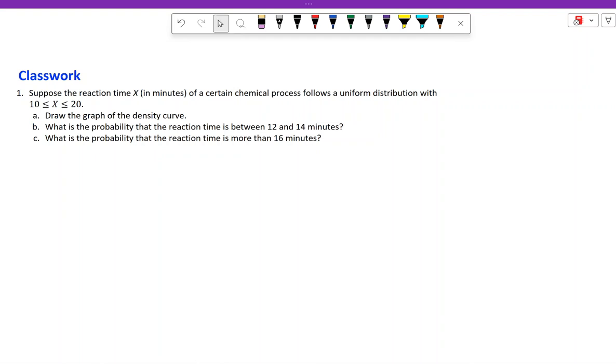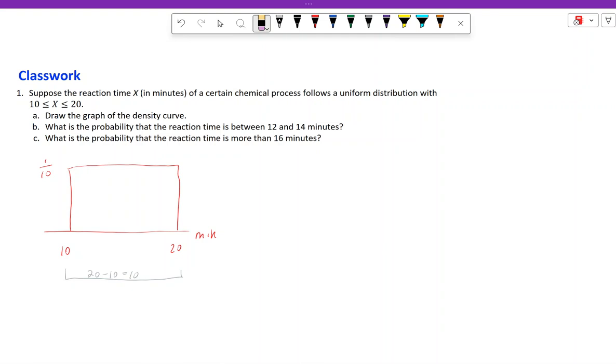I'm going to let you pause the video and take a little time to see if you can work out this problem, drawing the density curve first, calculating the height of your new density curve rectangle, and then finding the probability of the next two questions. So pause the video, see if you can answer the question, and then let's check and see if we got it right. So hopefully you have drawn a density curve similar to the one that I have here.